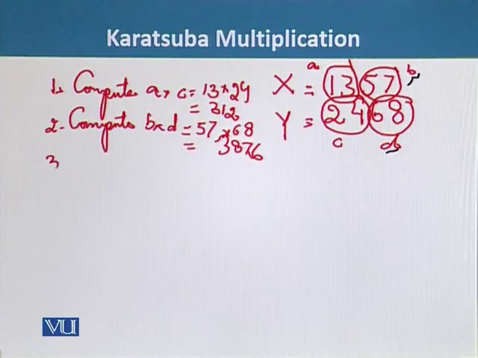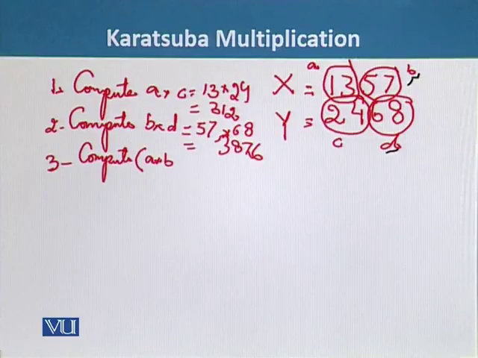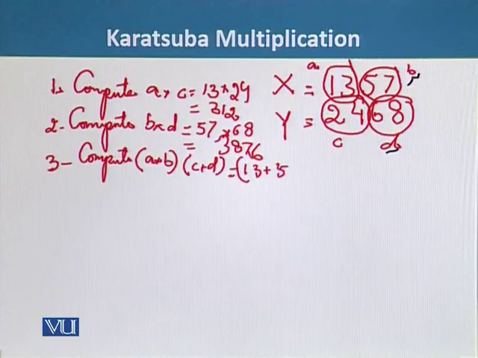The third step is we will compute A plus B, times C plus D. We know A is 13, and we add B, which is 57, and we multiply it with C plus D. C is 24 and D is 68.